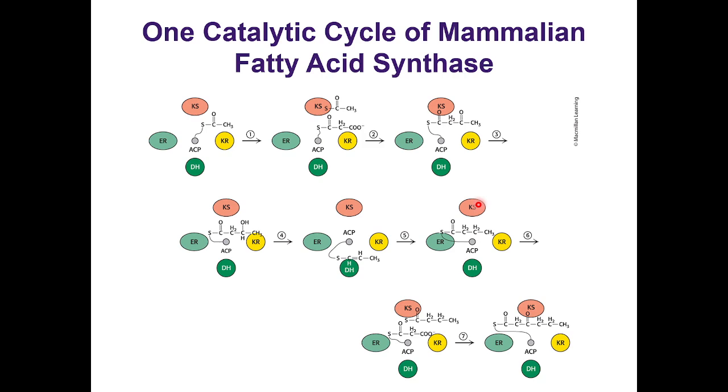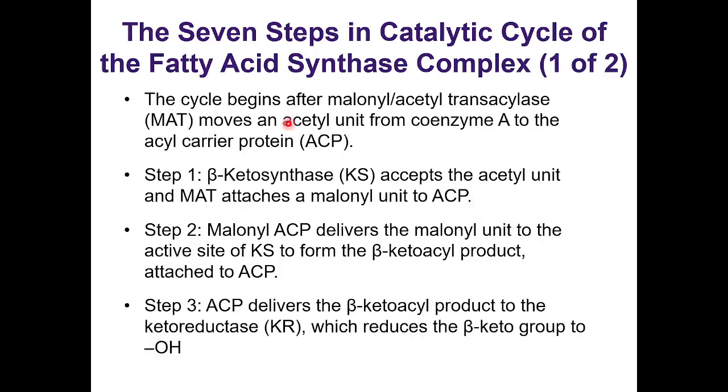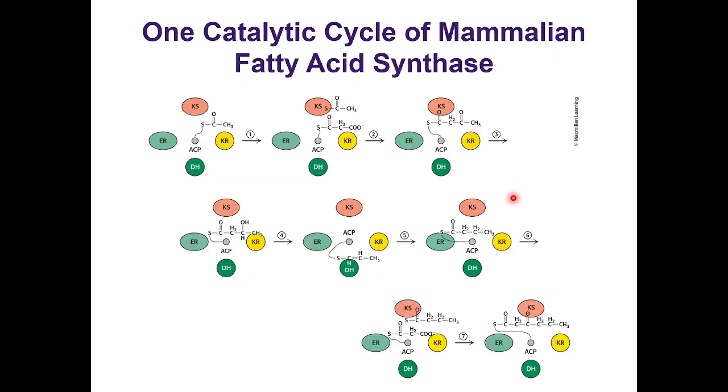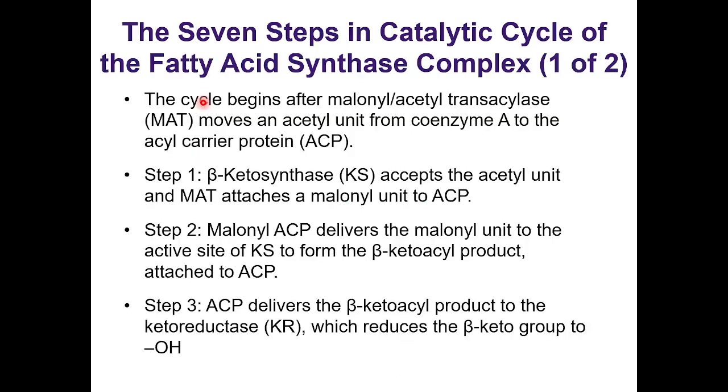So that's right there, KS. This is going to be the unit that accepts the acetyl unit. The MAT is what attaches a malonyl unit to the ACP. Okay? And so that's this right here, the KS that we just referred to.